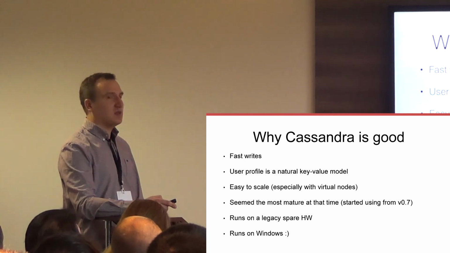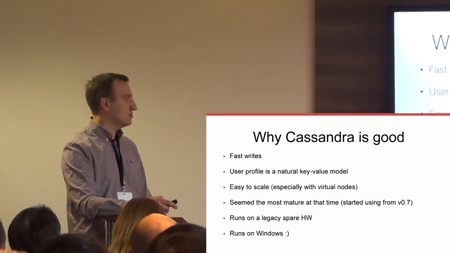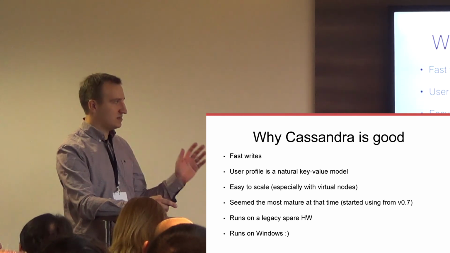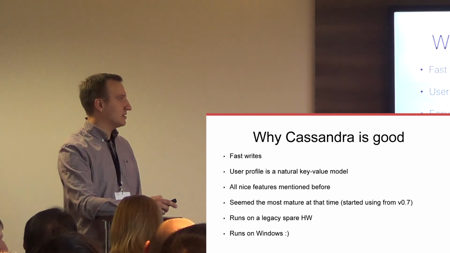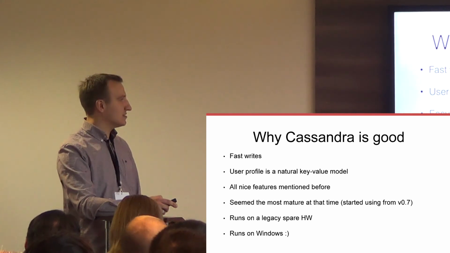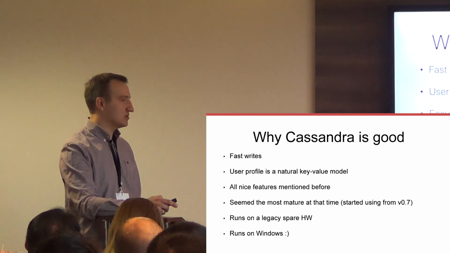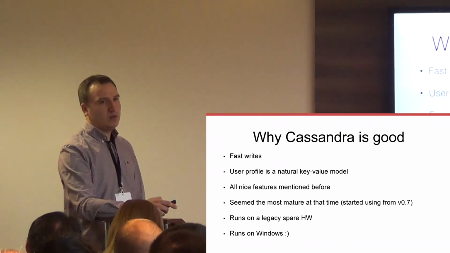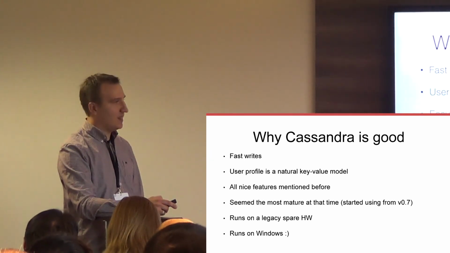And I think we were pioneer Cassandra users, because we started using it from version 0.7. Cassandra also runs on legacy hardware. And actually, when we started with version 0.7, we also ran it on Windows, unfortunately.